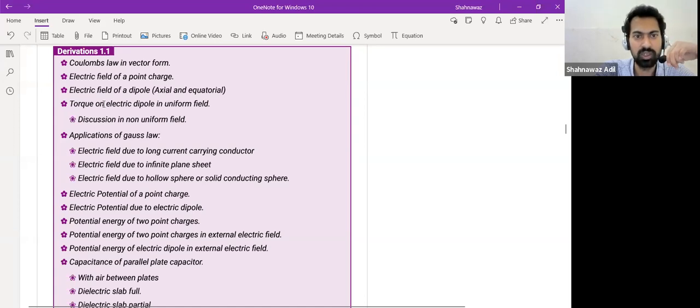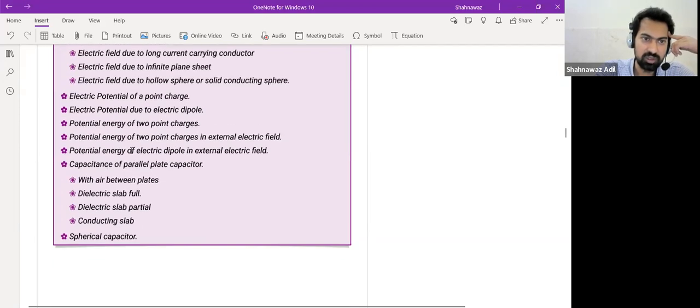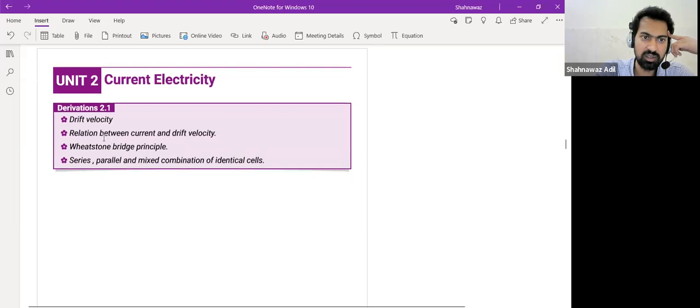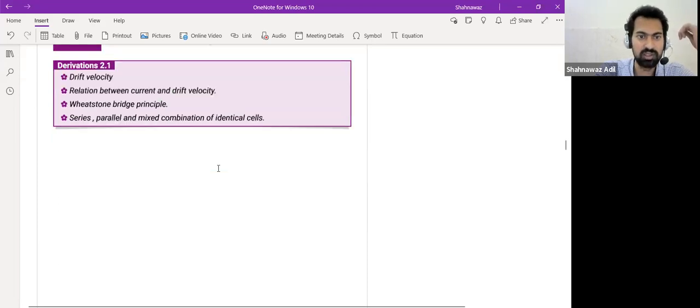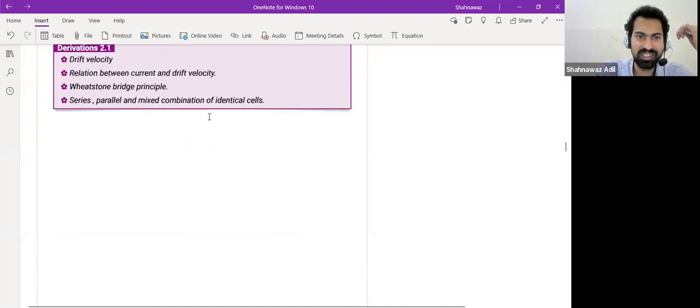Then the application of Gauss's law and potential. And in current electricity: drift velocity, relation between current and drift velocity, Wheatstone bridge principle, and series, parallel and mixed combination of identical cells. So these are the derivations.